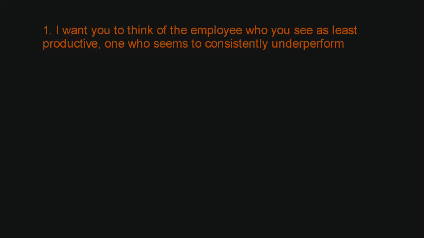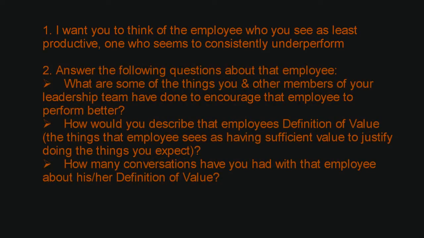Let's look at the action items for this week's lesson. Number one, I want you to think of the employee who you see as least productive in your organization, one who seems to consistently underperform. Number two, I want you to answer the following questions about that employee. One, what are some of the things you and other members of your leadership team have done to encourage that employee to perform better?